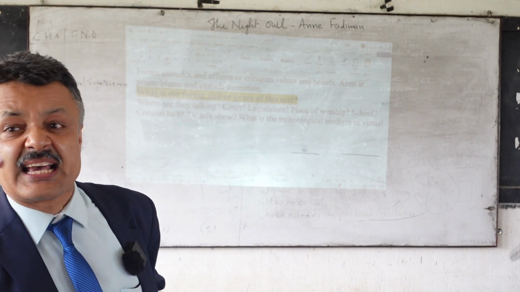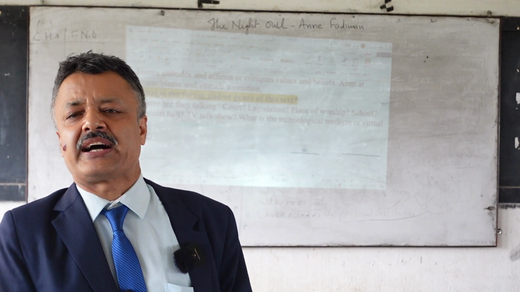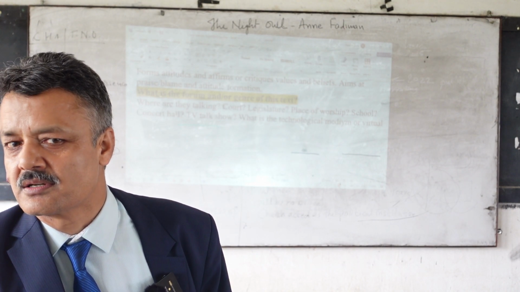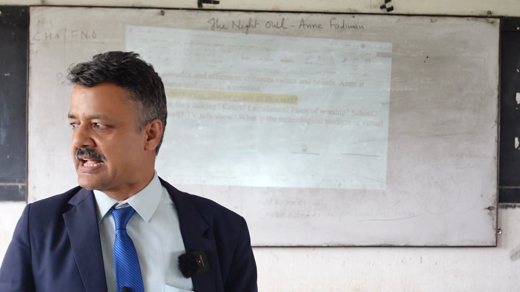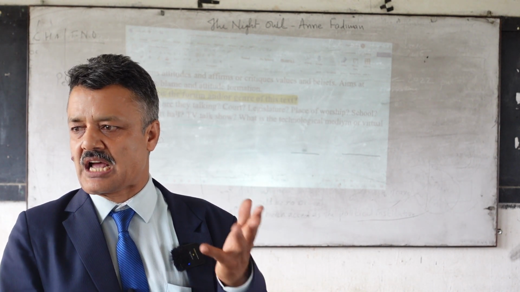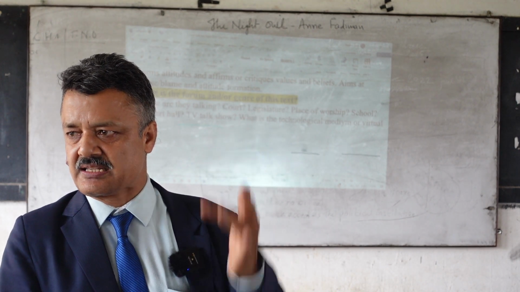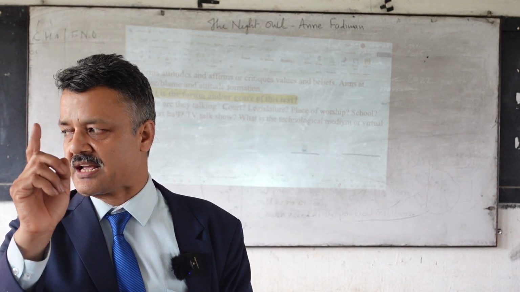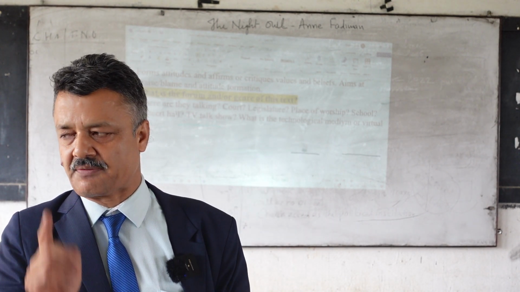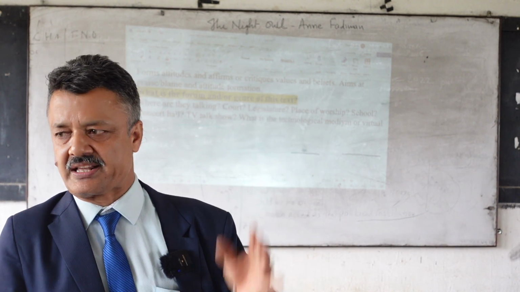Does Anne Fadiman tell a narrative? Not mostly. Can someone tell what is the mode of her writing? Is she describing? Is she narrating? Is she explaining? Is she giving examples? Is she telling cause and effect? Is she telling process? Is she giving instruction? Or is she giving definition? Or is she persuading? Or is she arguing?